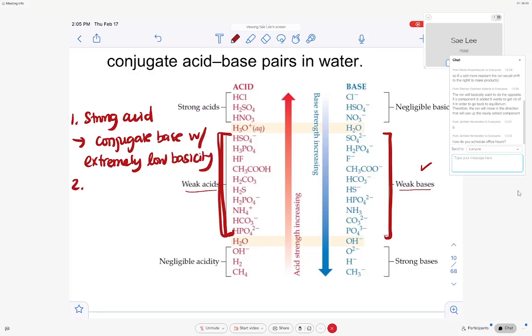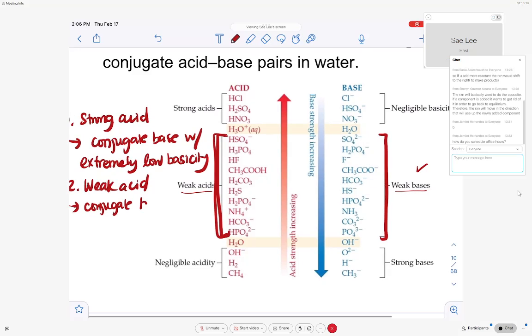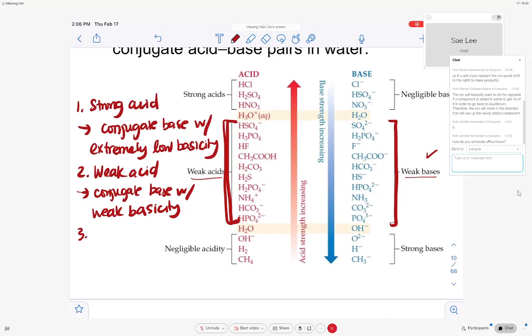Number two, weak acids will have conjugate bases with weak basicity. Number three, extremely weak acids, the ones with negligible acidity, will have conjugate bases with strong basicity.